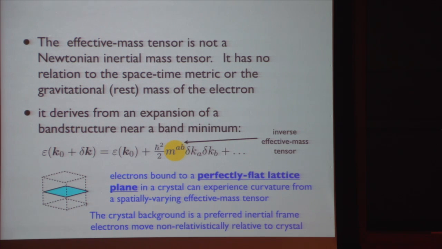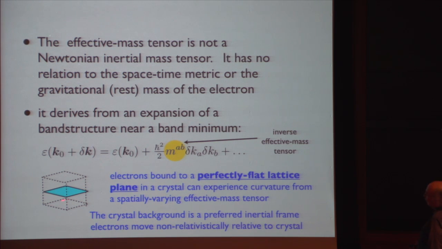They inherit their kinetic energy from a band structure coming from a microscopic scale periodic potential. Okay? And in fact, the mass tensor derives from an expansion near a band minimum, which actually will have higher order terms in here too. So it's not just a quadratic form as in a Galilean invariant Newtonian system.